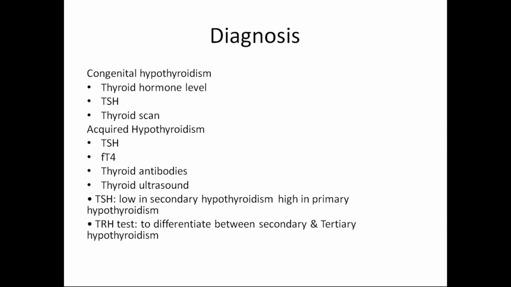Okay, now coming to the acquired cause. At the time of birth, everything is fine, the child is growing okay, and somewhere around childhood he will be found to have decreased activity and hoarseness of voice, gaining weight, and constipation. That is how they present. And then in such cases you do your TSH and free T4, and you may have to look for antibodies, because the gland must be there, the growth is good and everything was normal previously, and now the child got hit with growth and all these things.